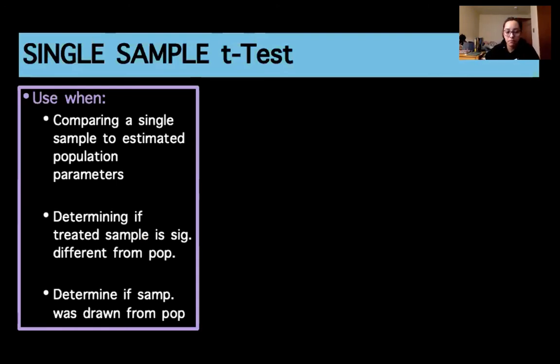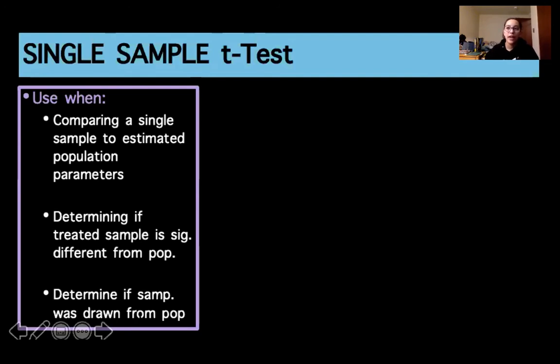Okay. So our goal with the single sample t-test is to say, is a sample that we've pulled from this population significantly different, or is it equal to the population we pulled it from? And we mainly are doing this to see if the sample was actually drawn from the population.